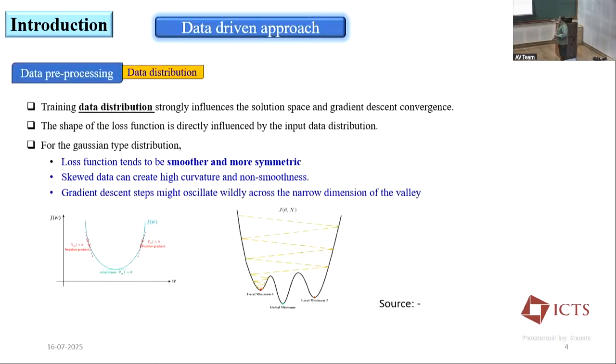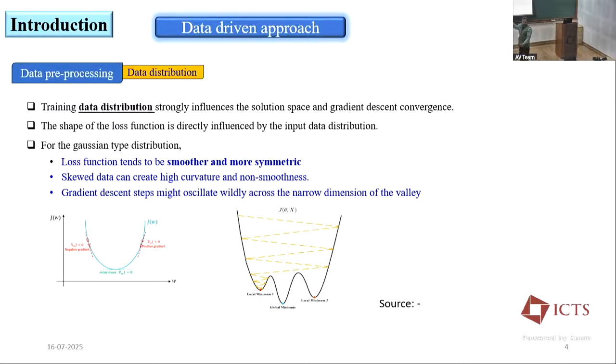As I said, if the data is not properly distributed, what can happen? Even in the previous talk, the whole detailed mathematics was explained by Professor Bipin Kumar. We are going to optimize the loss function. When we do the optimization, generally we use the gradient descent method. What will gradient descent do?